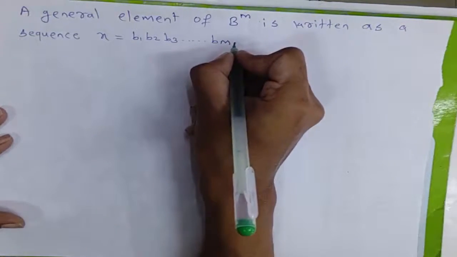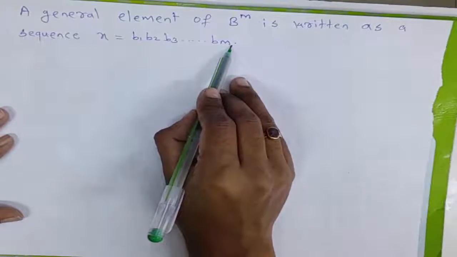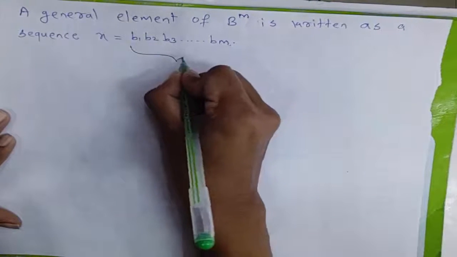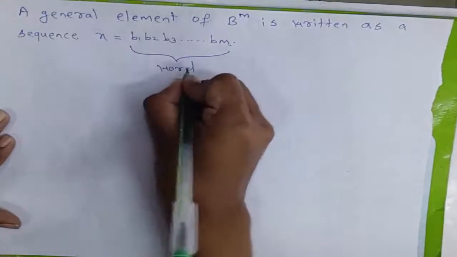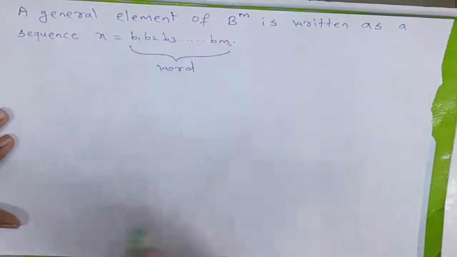Okay, so we call this sequence b1, b2, b3 up to bm a word. So this sequence is called a word. All of you get it? This sequence is nothing but the word.